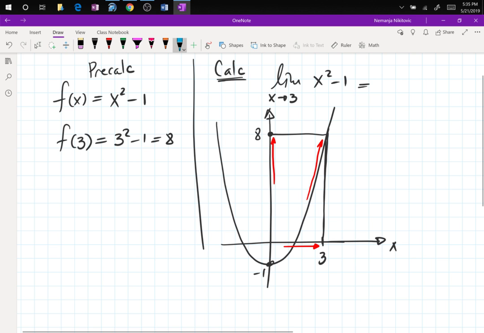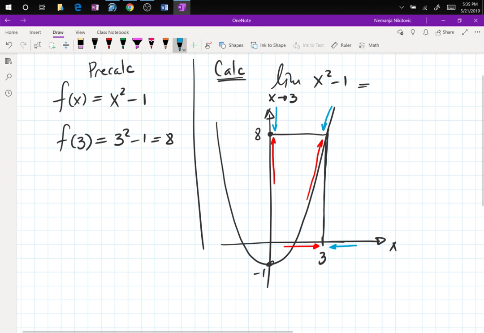Romeo, blue, right? Approach from the right, going left. Well, he is going to go down the curve and down the y-axis.